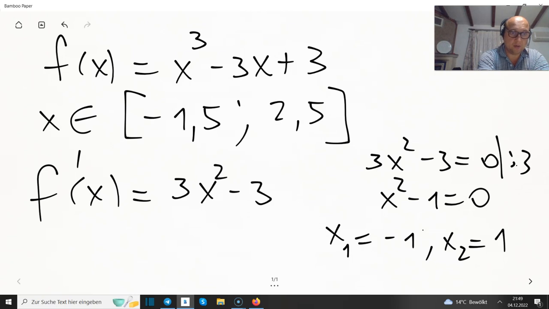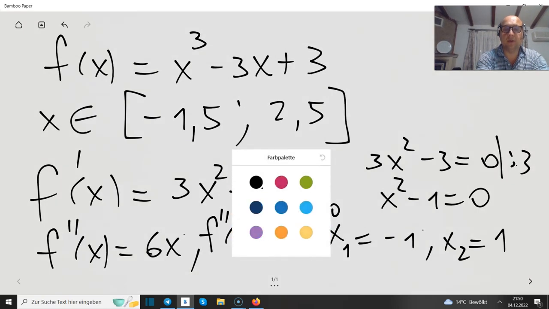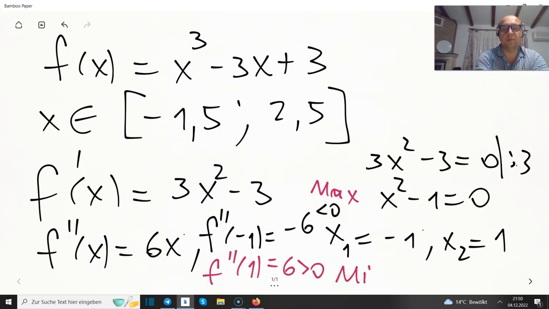We are then going to the second derivative, which is 6x only, and as you can see the second derivative at minus 1 would be minus 6, which is less than 0. So what we're basically having is the max, because the function afterwards is going down, and the second derivative at 1 would be 6, which is greater than 0, which means a min.